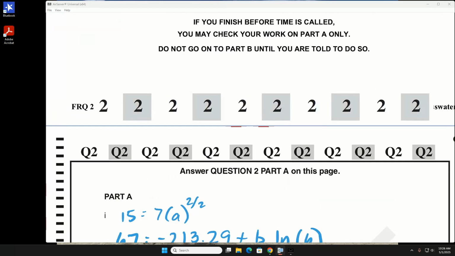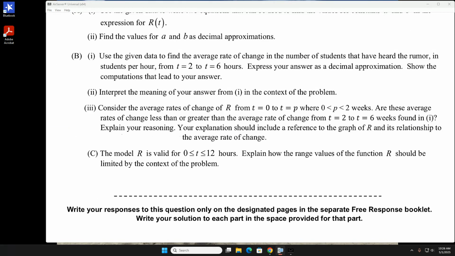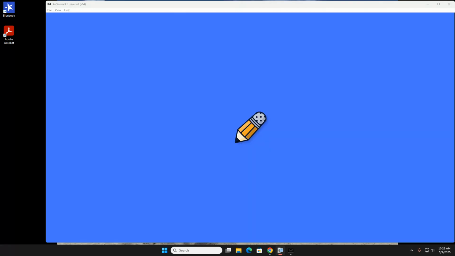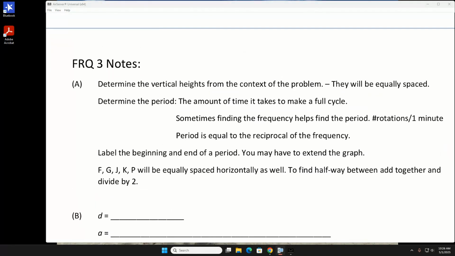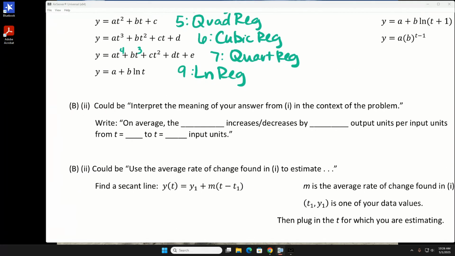All right, and then this one is one that asks you to interpret the meaning of that average rate of change in the context of the problem. So if you look over at your part B2.